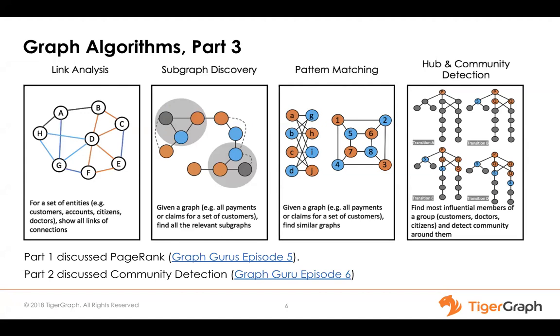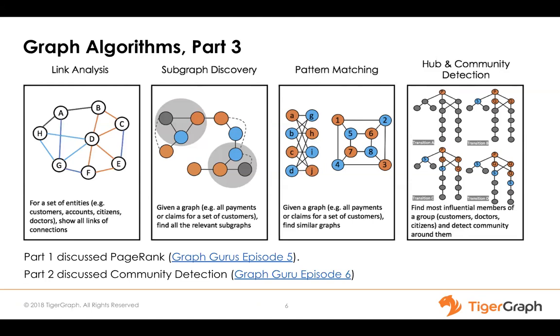Before we get started on link analysis, let's talk about the graph algorithm in general. We're categorizing all the graph deployment patterns and algorithms into 4 main types: link analysis, subgraph discovery, pattern matching, hub and community detection. Subgraph discovery is looking at a given graph of information of payments and claims from a group of customers and finding all the relevant subgraphs.